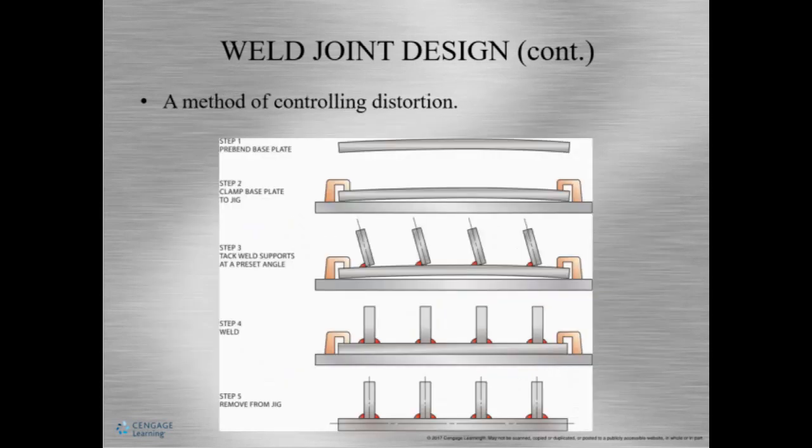Okay, so let's talk about joint design and controlling distortion. When we weld, we can make distortion when we heat up the metal. Using a jig or a clamp can help us not have warping or as much warping. In the example, the vertical members are welded first on one side, all on the same side, and then you put a weld on the other side.